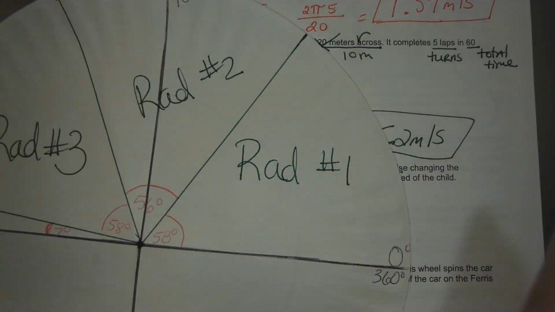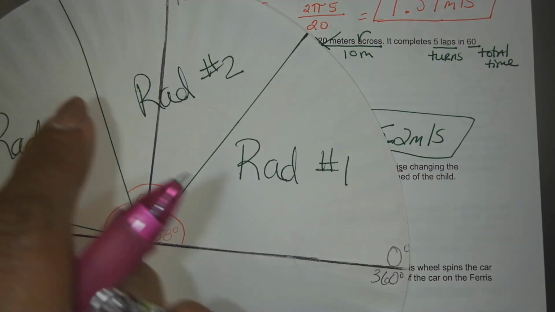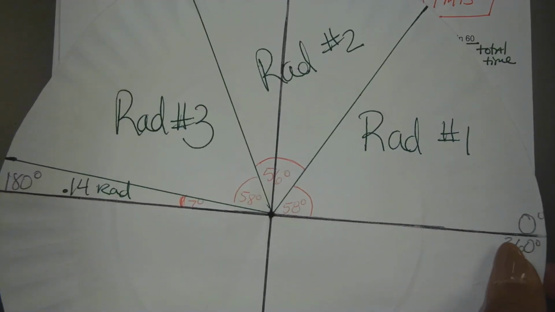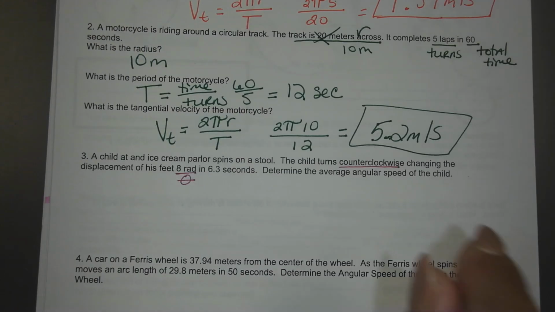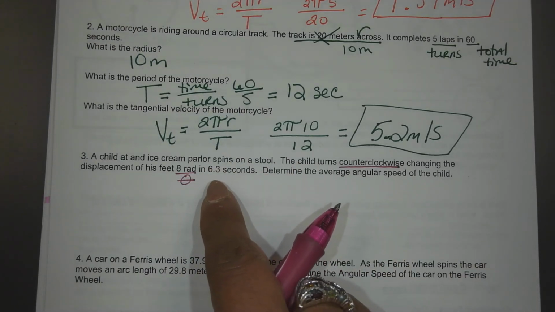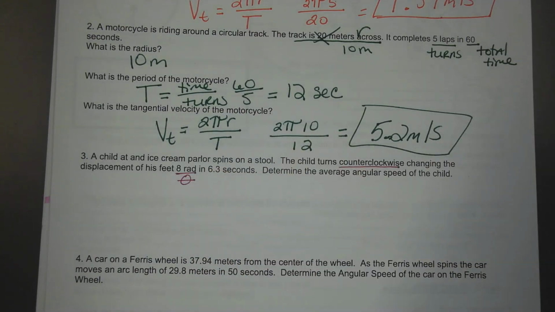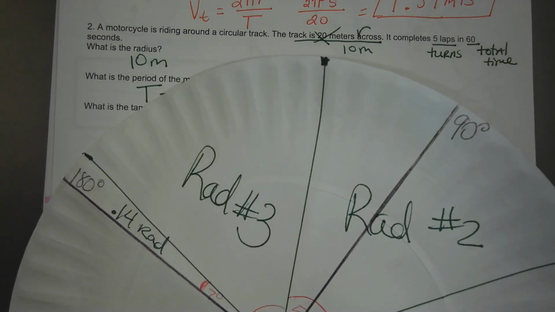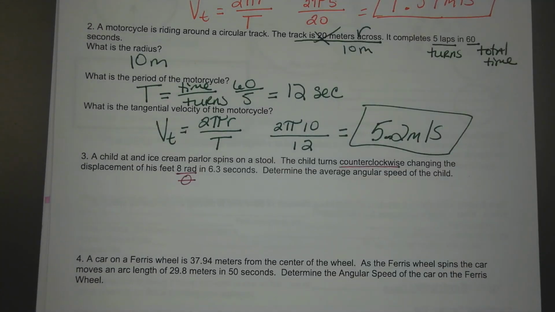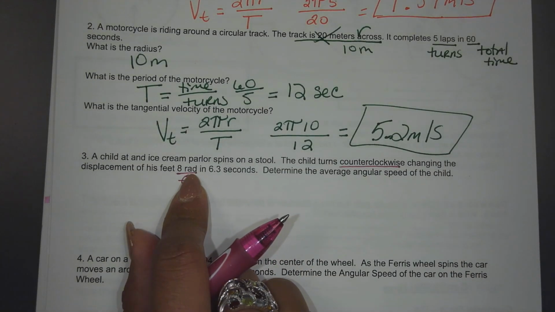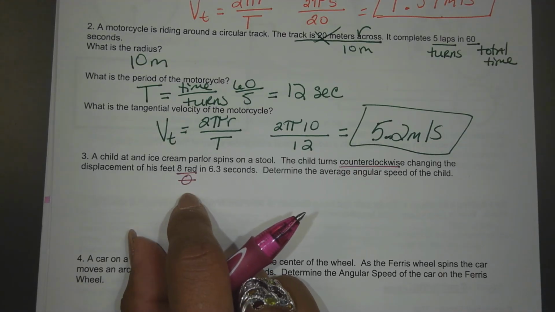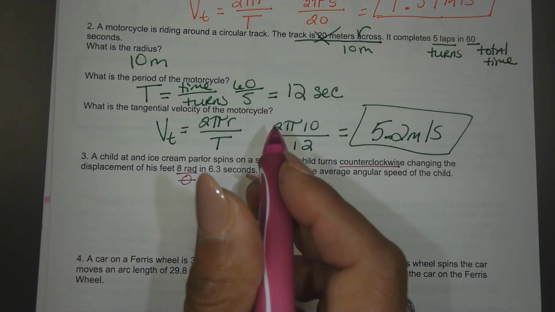Remember, this is 1 rad, 2 rads, 3 rads. A full circle is 6.28 rads. The kid went 8 rads. So the kid went a little bit further than one full circle and came to a stop.